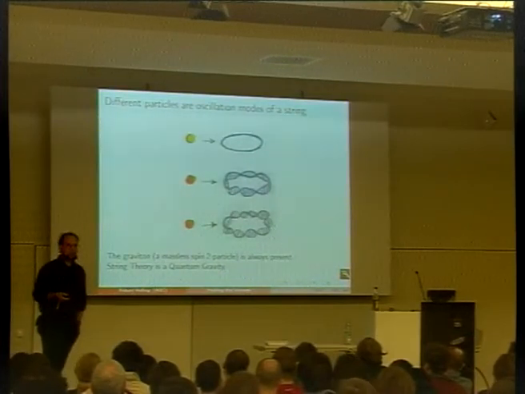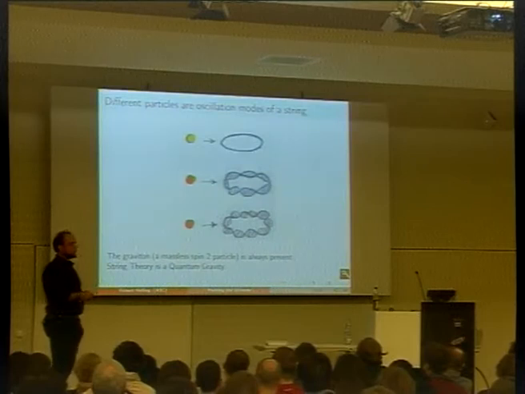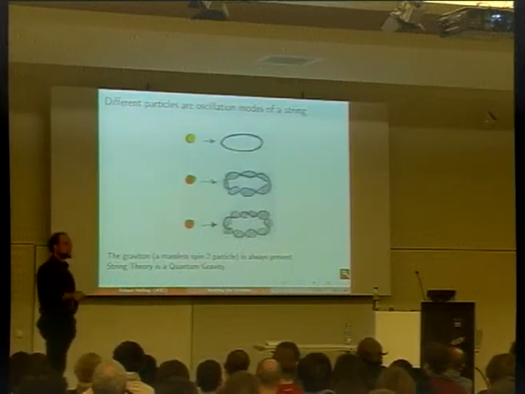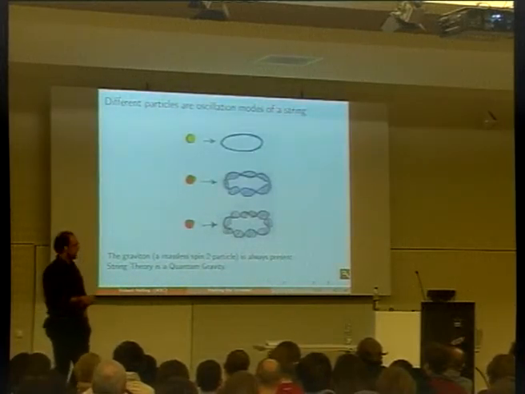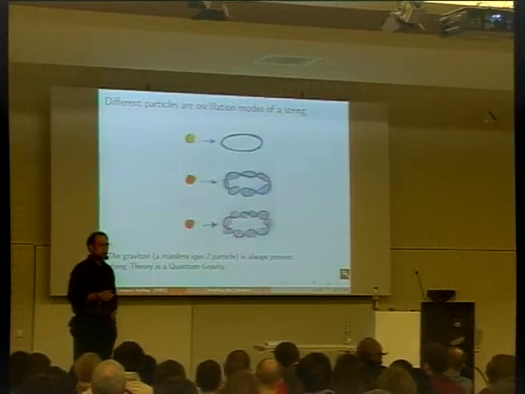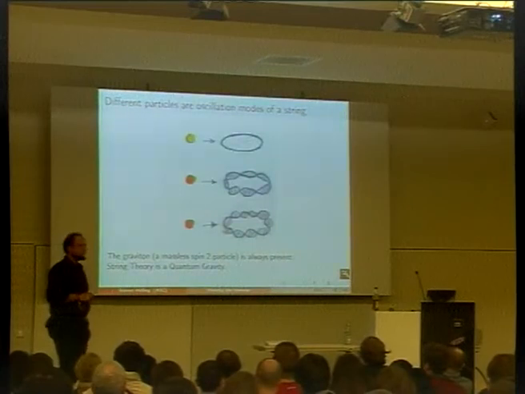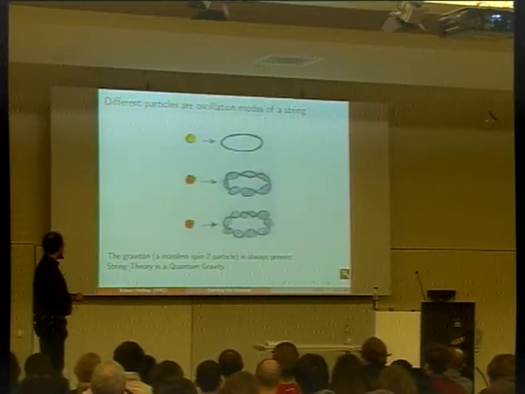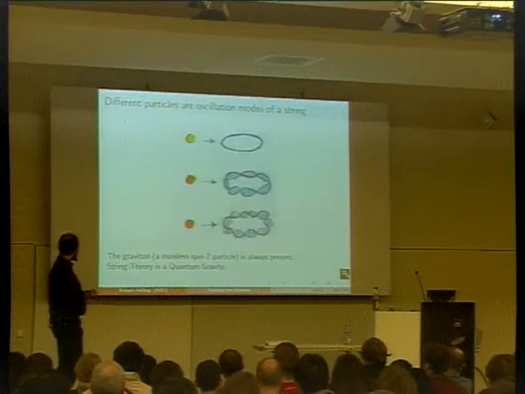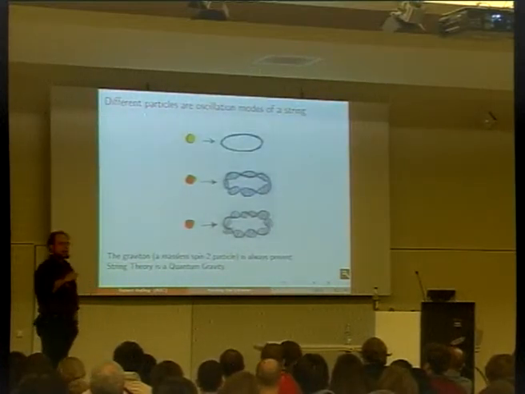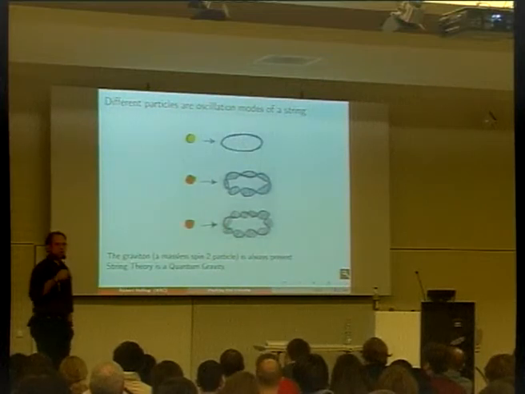And the appealing feature of this very simple idea is, here I'm just talking about particles, and actually I'm talking about quantum physics. But when you do this, and you come up with this rubber band, and you look at what kind of particles you produce, you see that no matter what you do, you always produce something that is a graviton, which behaves as the particle that communicates gravity.